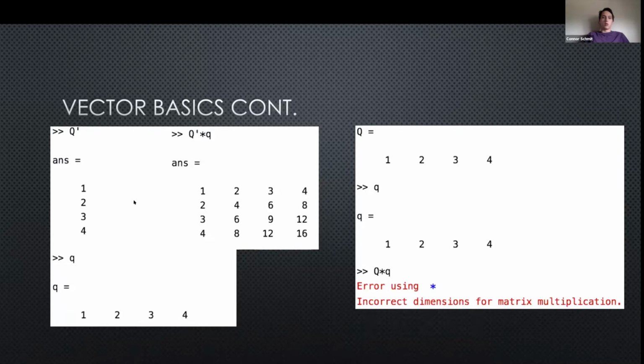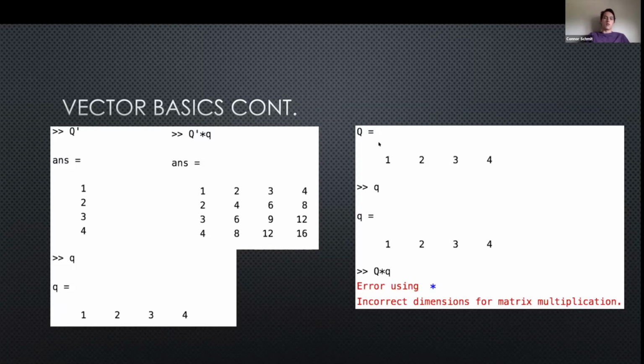You can multiply these matrices by each other, but to do so you have to have the same number of rows in the first matrix as columns in the second. So in here, q prime has 4 rows, lowercase q has 4 columns. Therefore, you can multiply, and you'll result in this matrix right here.